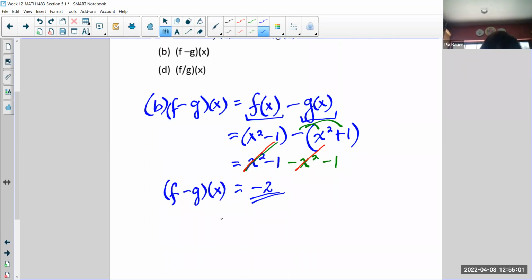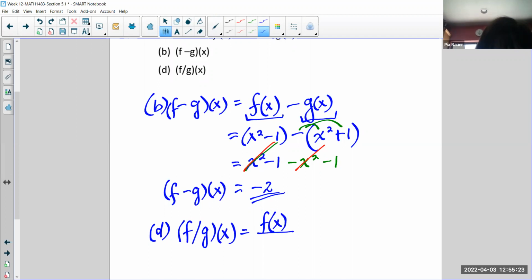Now, part D says f divided by g of x. So technically, if we have f divided by g of x, what it means is that you're going to take f of x over g of x.